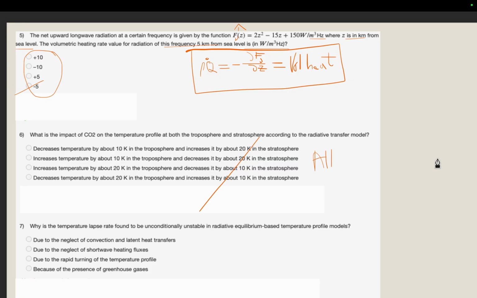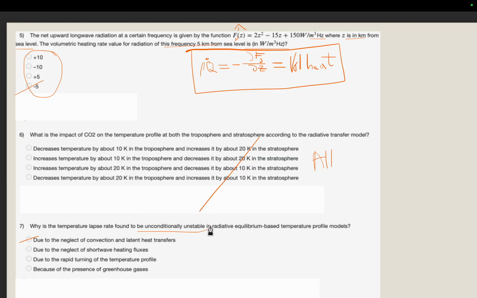Option C, due to rapid turning of the temperature profile because of presence of greenhouse gases. Yes, the correct option is A.